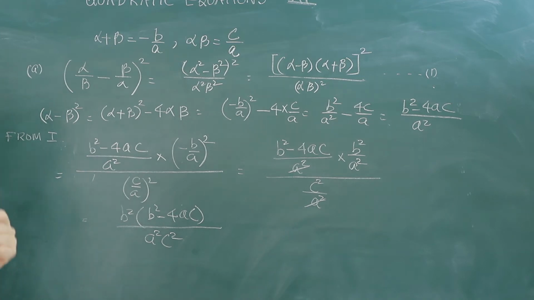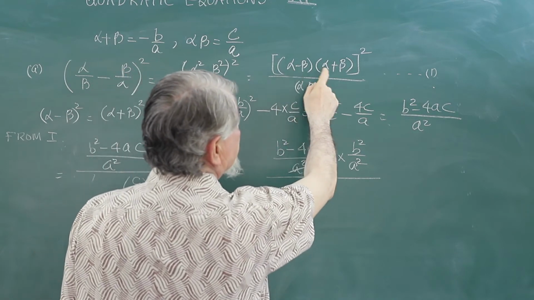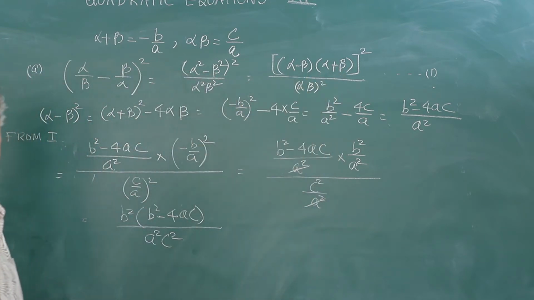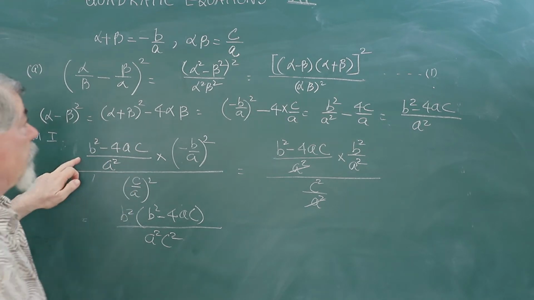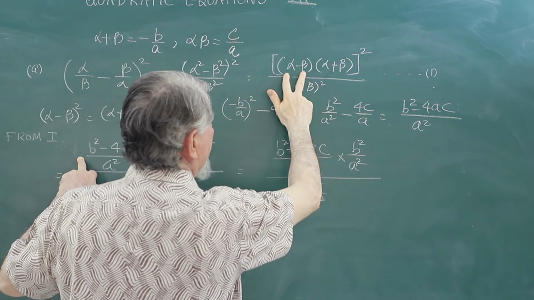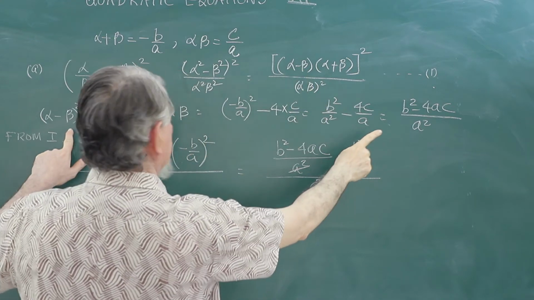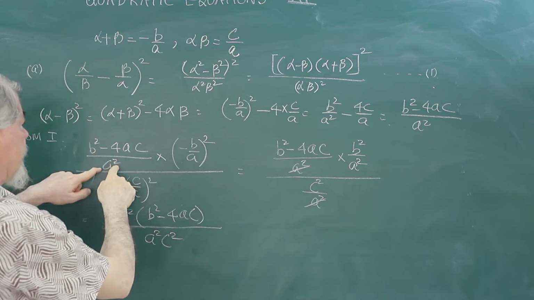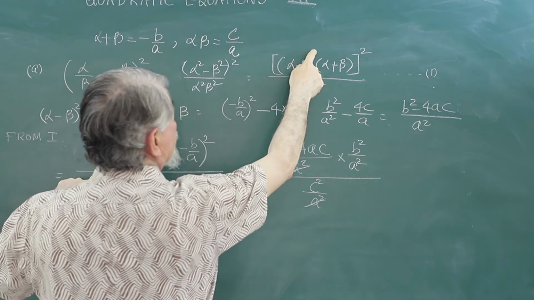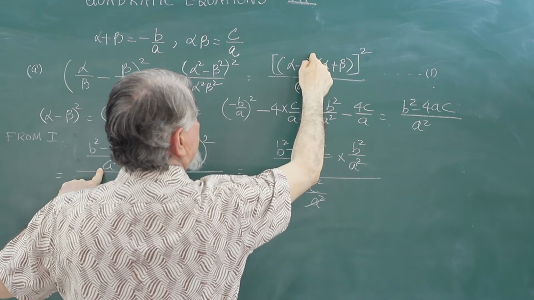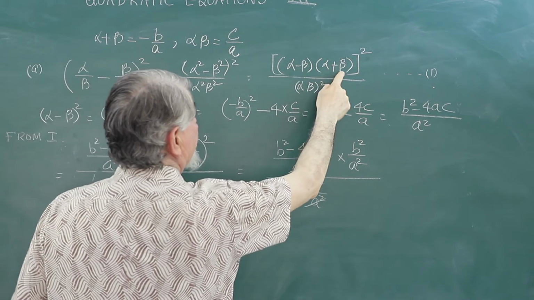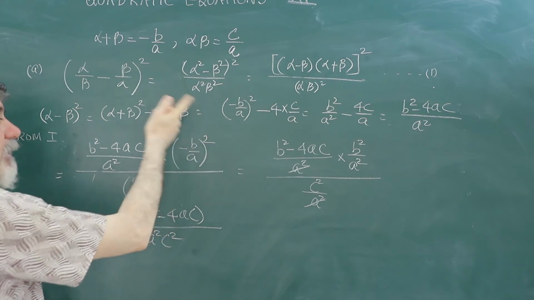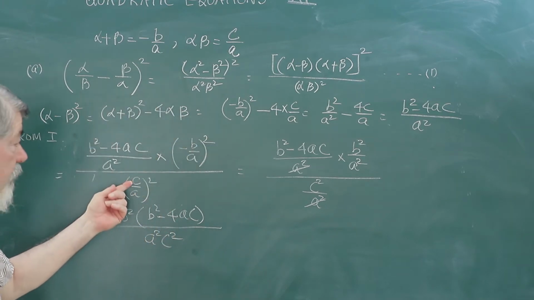Now let us put the values in equation 1. It is the equation 1 here. Alpha minus beta into alpha plus beta to the power 2 upon alpha beta whole square. The value of alpha minus beta whole square is b square minus 4ac upon a square, b square minus 4ac upon a square, because it is whole square. It is here power 2, so it will be power 2 here. And alpha plus beta whole square means minus b upon a whole square upon c upon a.